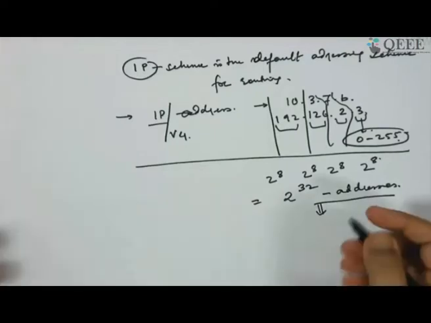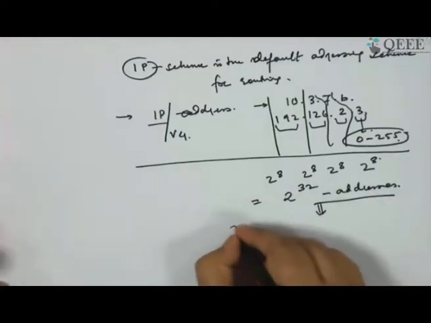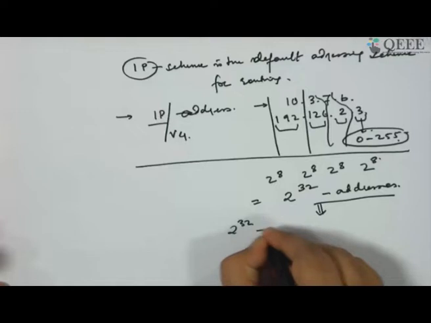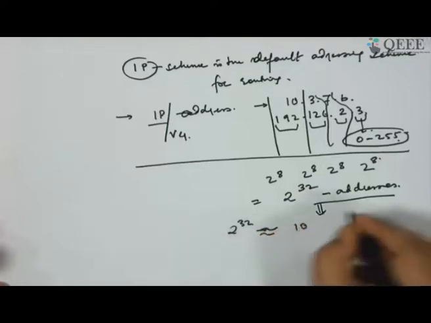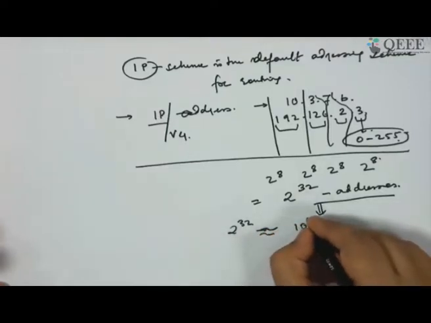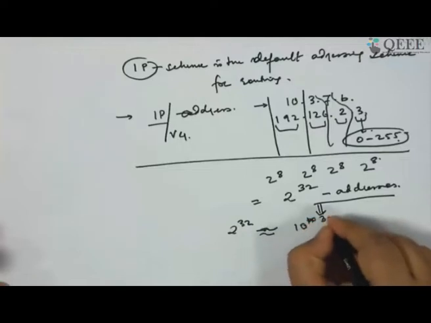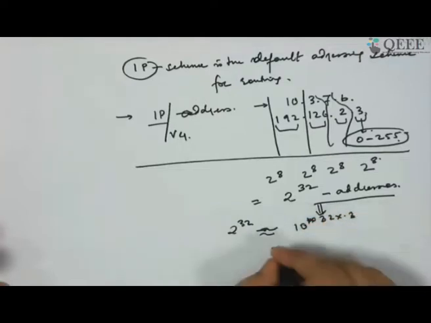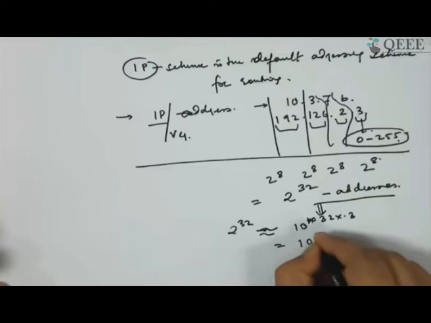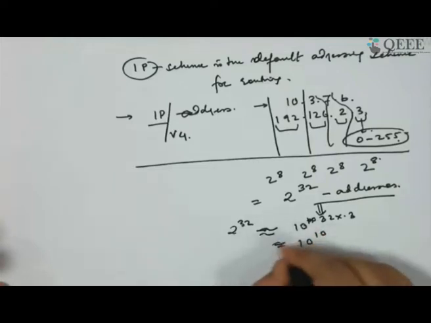I talked about this in the previous class also, but let me again reiterate. How much is 2 to the power 32? Roughly 10 to the power 10, since 32 into 0.3 is about 10.